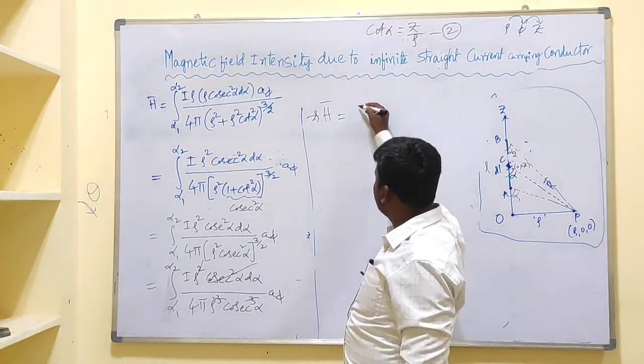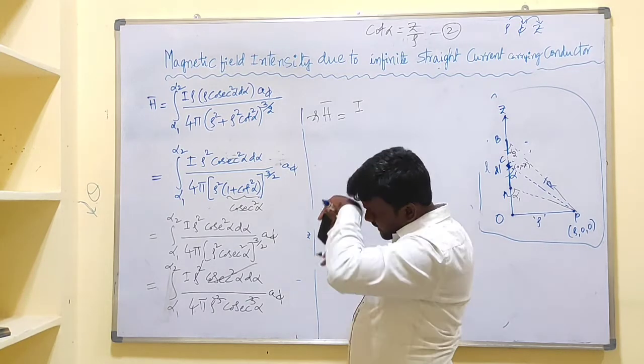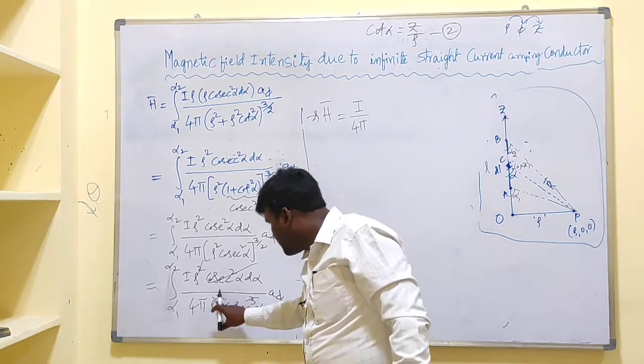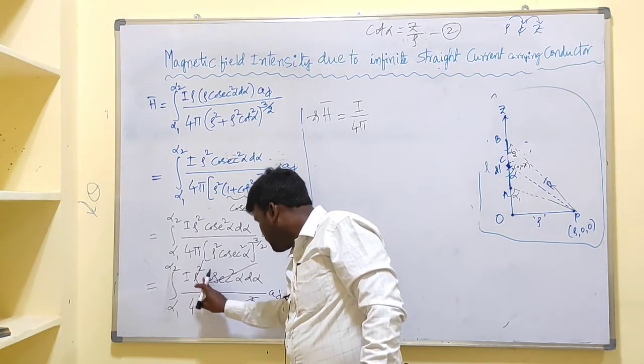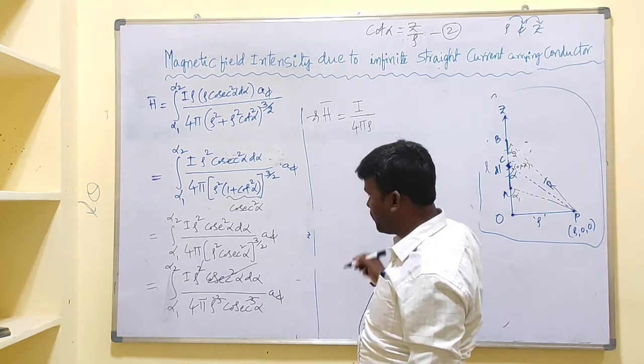I is the uniform current carried by this conductor, and 4 pi is also constant. This rho square by rho cube gives 1 by rho, so I write I by 4 pi rho.